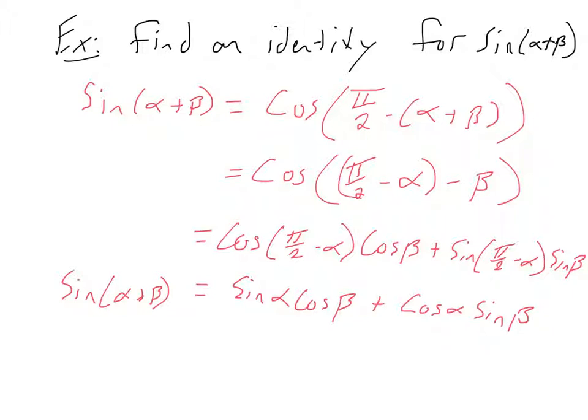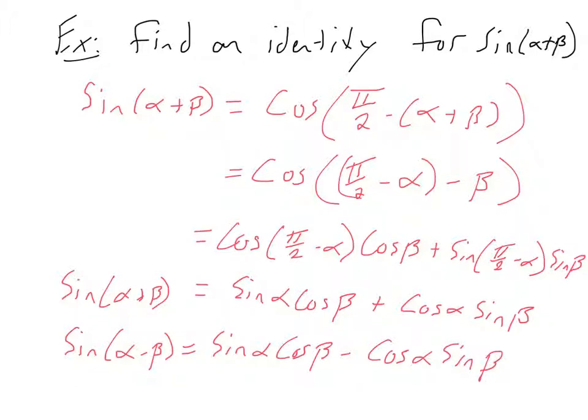And then by a similar process, we can show that sine of alpha minus beta, so we're not going to actually go through the proof of this, but I'm just going to tell you that sine of alpha minus beta is going to be equal to sine alpha cosine beta minus cosine alpha sine beta.